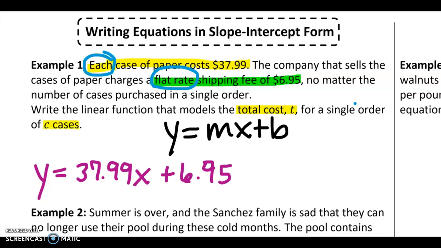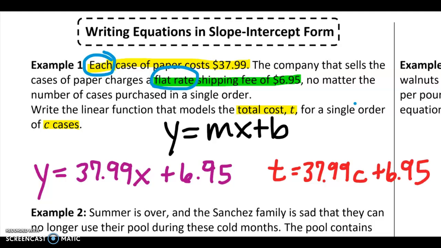So y is your total cost because you're adding these two things together. So our final equation is T equals $37.99 per case, so we're using the letter C instead of X, plus the $6.95 shipping fee that you only pay once.